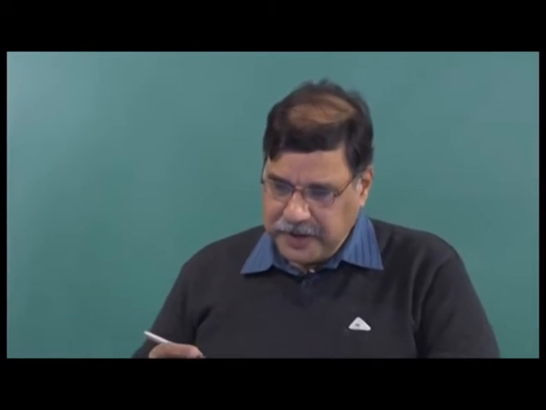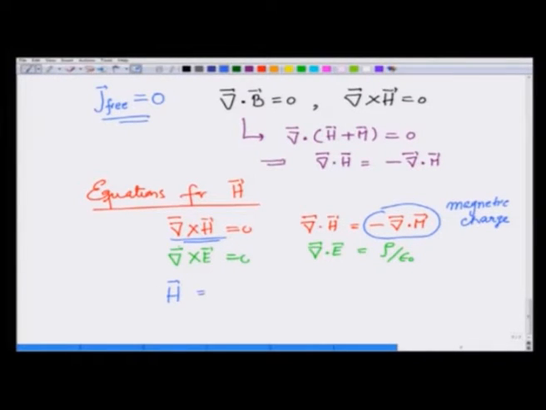Just to complete the analogy, in this case I can write H as, there is no epsilon 0, 1 over 4 pi integral of minus del prime dot M r prime, because that is the charge, divided by r minus r prime distance cubed, r minus r prime vector, dV prime, and this is H at r, just like we write the electric field.